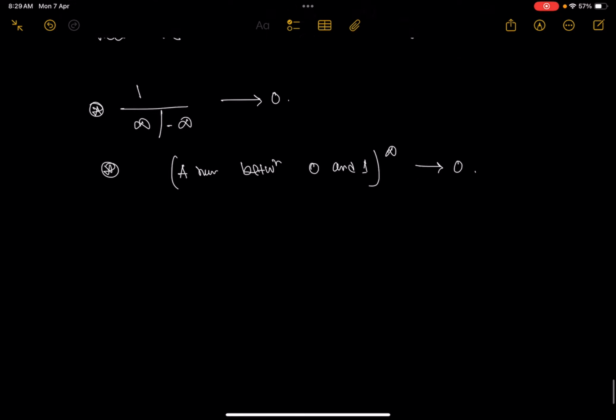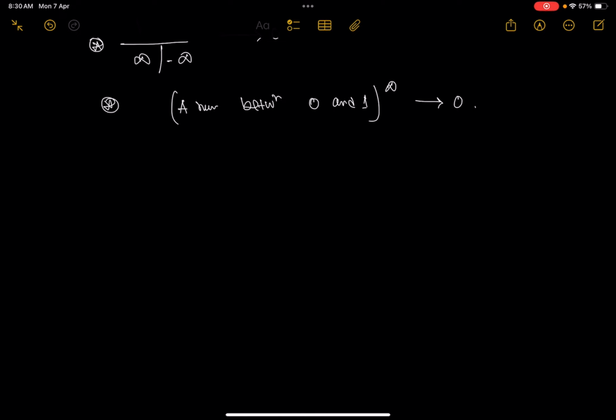Let us discuss some examples on this topic. One-sided limit example: limit x tends to 2 plus of mod of x minus 2 divided by x minus 2.